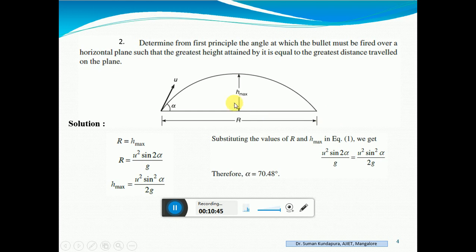The horizontal range has an equation, and H max has an equation we derived in the previous video. Equating these two, you are supposed to find the angle at which the bullet must be fired. So this angle alpha we have to find. Equating these two and reducing the like terms, find alpha from this. You will get 70.48. So that is the angle at which the bullet must be fired.